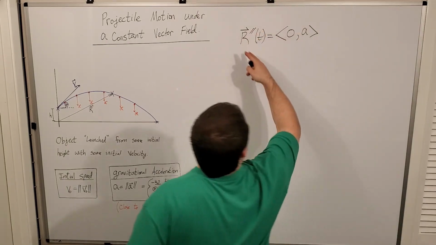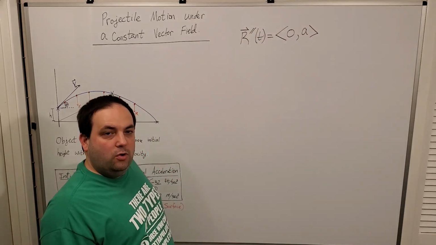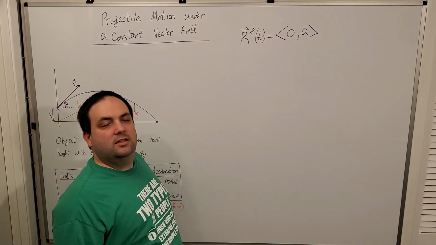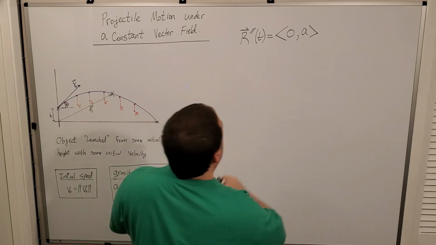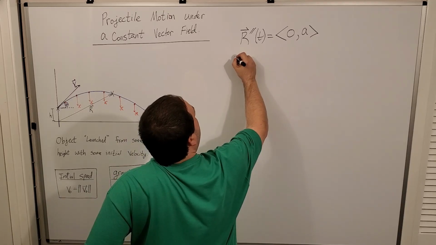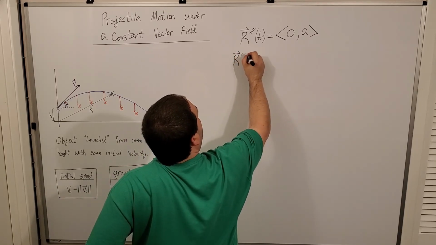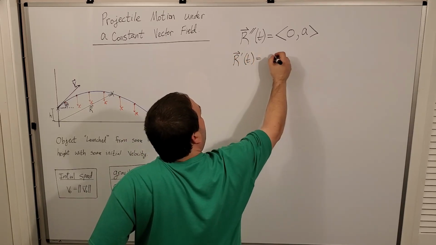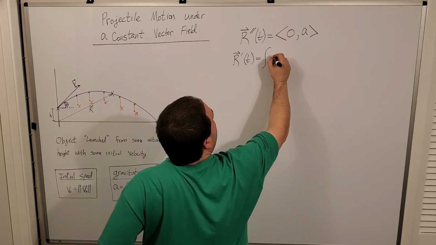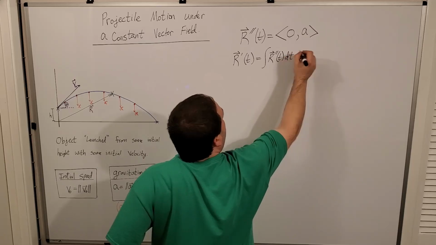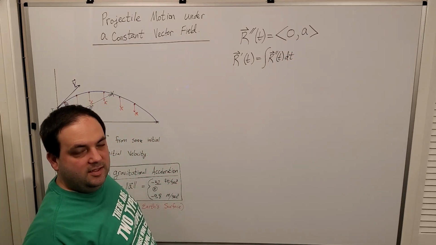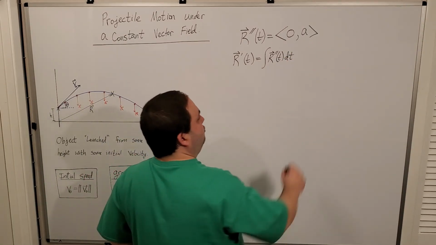Naturally, if that's an acceleration, now we can invoke some of the calculus that we discussed in the first scene, where I can integrate, right? I'm going to say now that my r prime of t is going to be the antiderivative dt of the second derivative vector function.